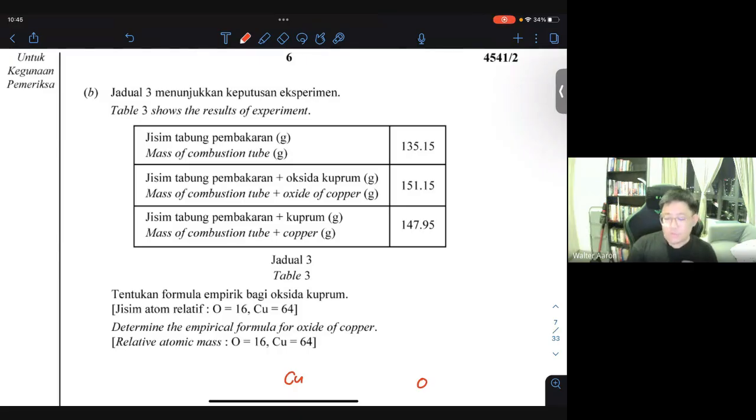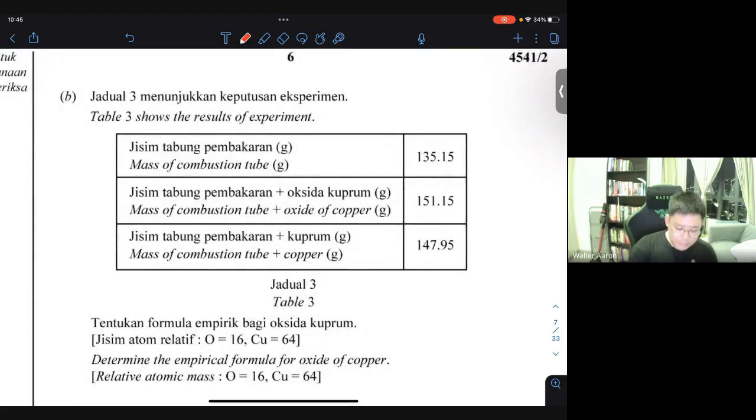All right. So you have 3 different columns, I would say, 3 different parts over here. So let's just say, for example, we have like 1, 2, and 3. For you to get the mass of copper alone, you take 3 and you deduct 1. Then you'll be able to get the mass of copper only.